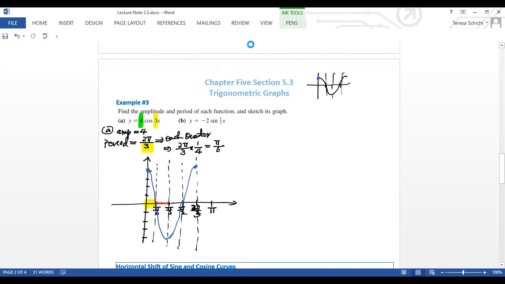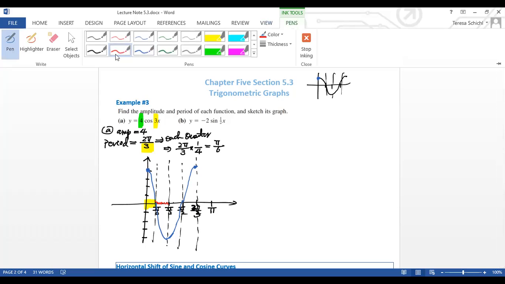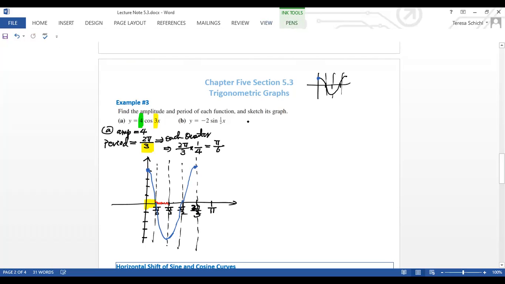Now let's take a look at part B. Part B is negative sine of x over 2. So I know my amplitude is equal to the absolute value of -2, so it's 2 here.